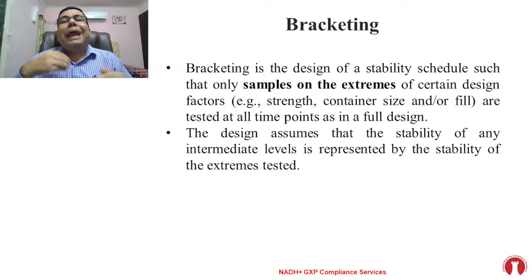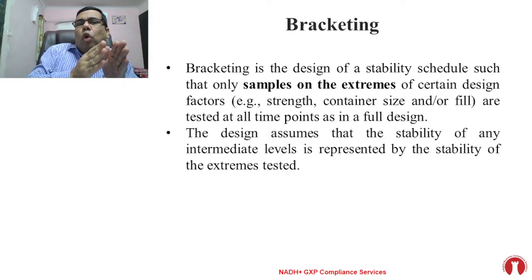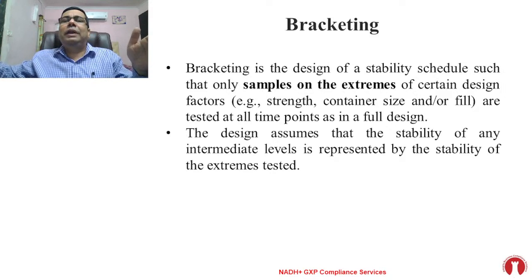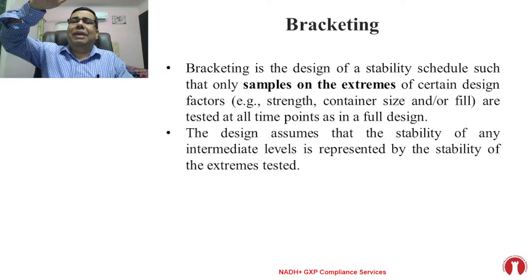Bracketing is the design of a stability schedule such that samples on the extremes of certain design factors are tested. Extremes means what? Strength: lowest strength, maximum strength, and container size: smallest size, biggest size.